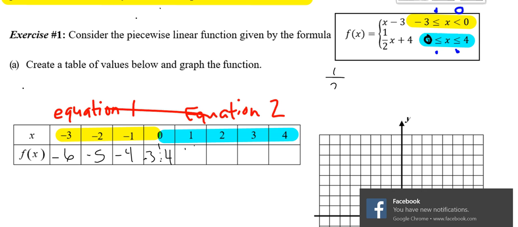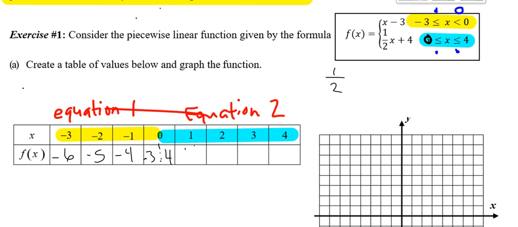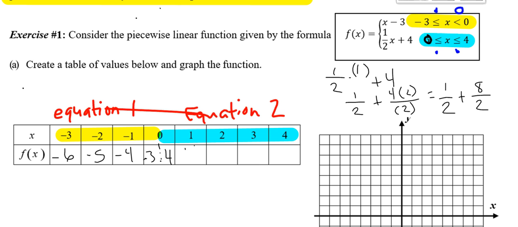We have a half times 1 plus 4. A half times 1 gives me a half, plus 4, so I have to find a common denominator, which is 2. So I have 1 over 2 plus 8 over 2, and adding these together I get 9 over 2, which is roughly 4.5.